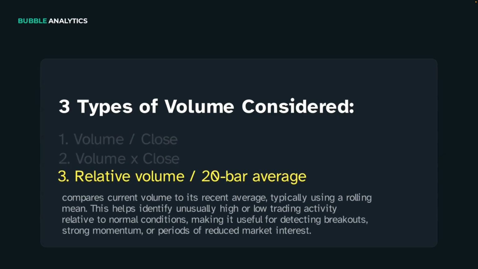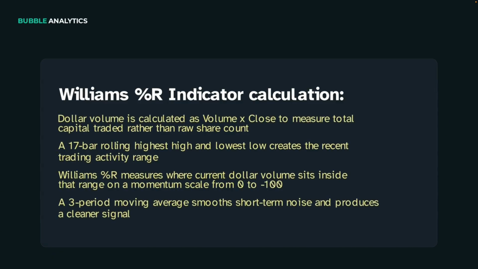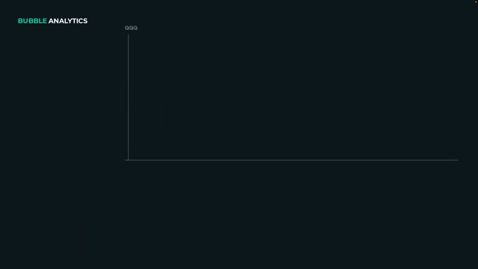And the third one is a relative volume, which is effectively today's volume versus its average, and is useful for picking out unusual activity, so unusually high or low trading activity within whatever asset you're looking at. And then from that volume data, we are going to apply the Williams %R indicator, which is a 17 bar rolling highest high or lowest low, creating an oscillator, which you will see on the chart in a second.